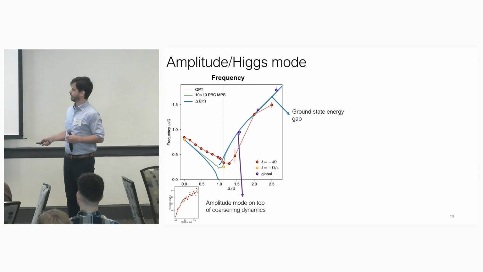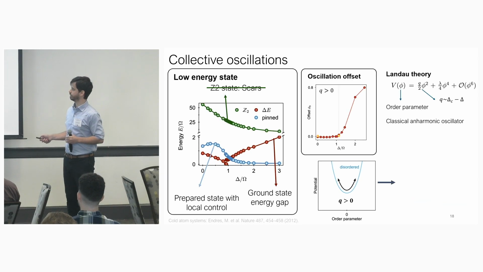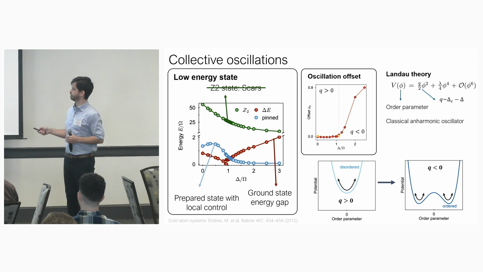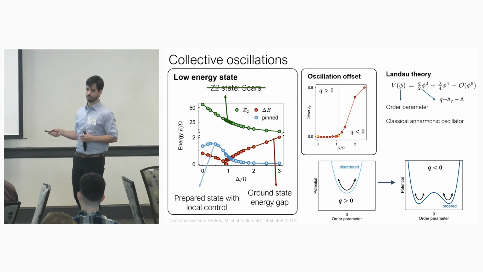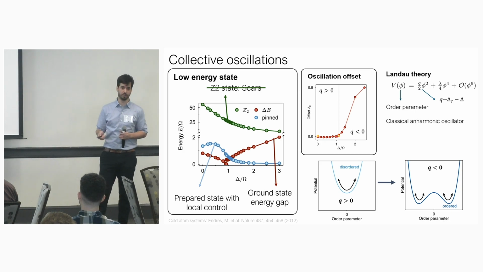So you see these strong oscillations on top of this coarsening growth. And this is actually related to the same physics. In the ordered phase, when these oscillations are around the finite value of the order parameter, this is analogous to what's called the Higgs mode, right?